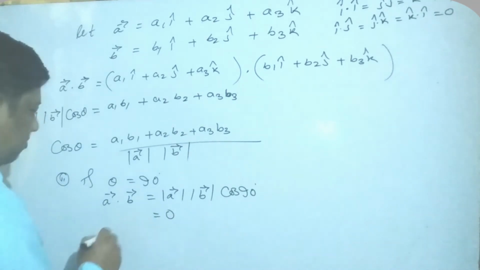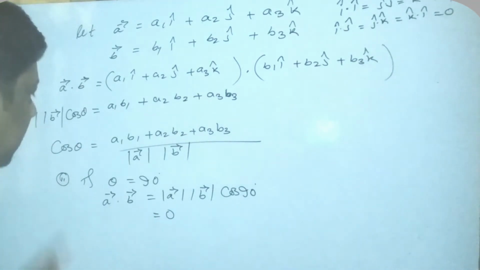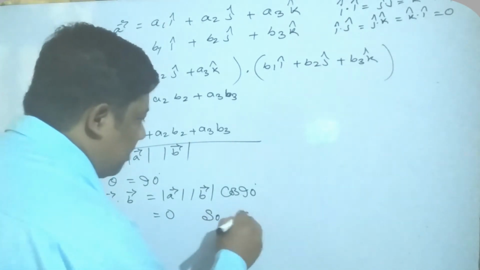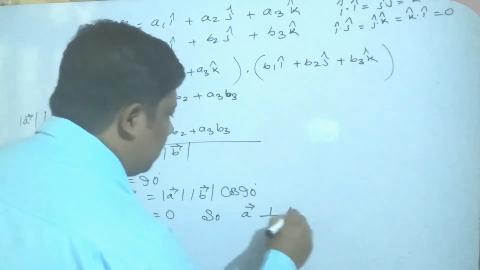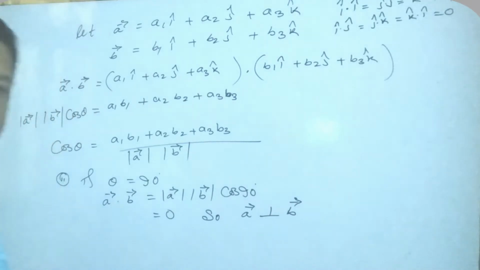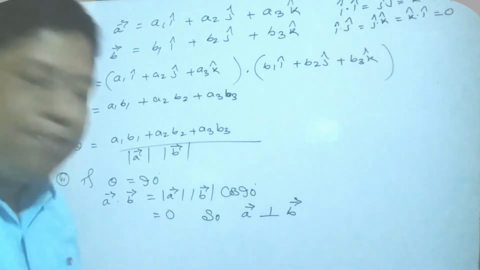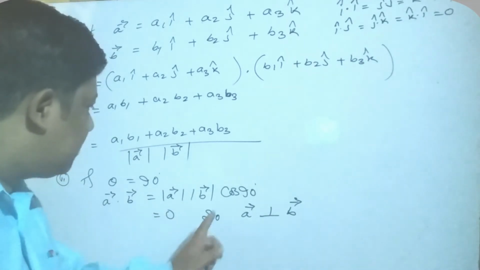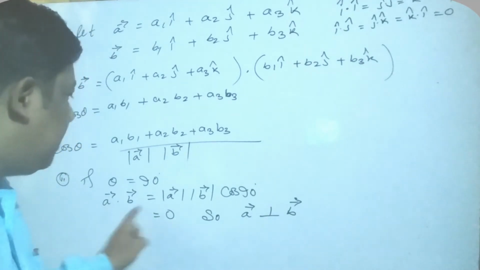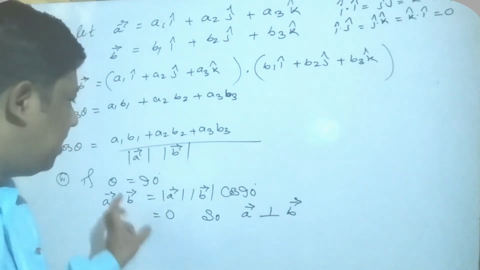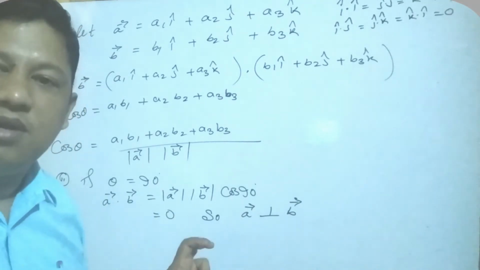So A dot B equals 0 if the two vectors are perpendicular, so vector A is perpendicular to B. So the necessary and sufficient condition is: if the two vectors are perpendicular, then A dot B equals 0. If A dot B equals 0, then the two vectors are perpendicular.